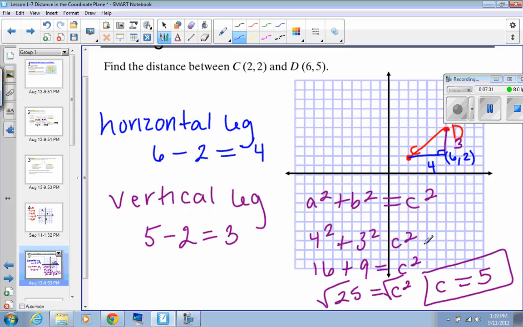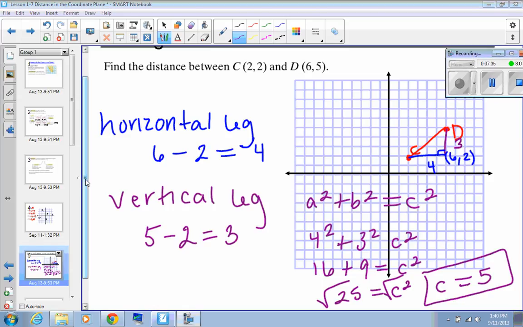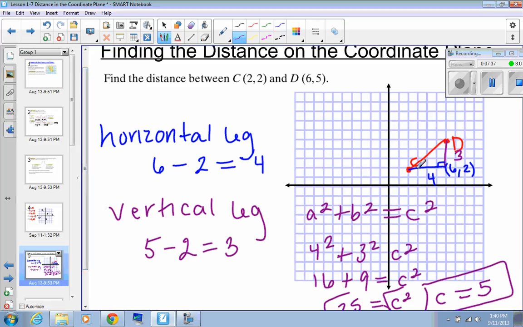So let's go back and look at what we did. We plotted the point C at 2, 2. We plotted the point D at 6, 5. I drew a vertical line and a horizontal line until they met to form a right triangle, and they met at 6, 2. Then I wanted to find the horizontal leg.